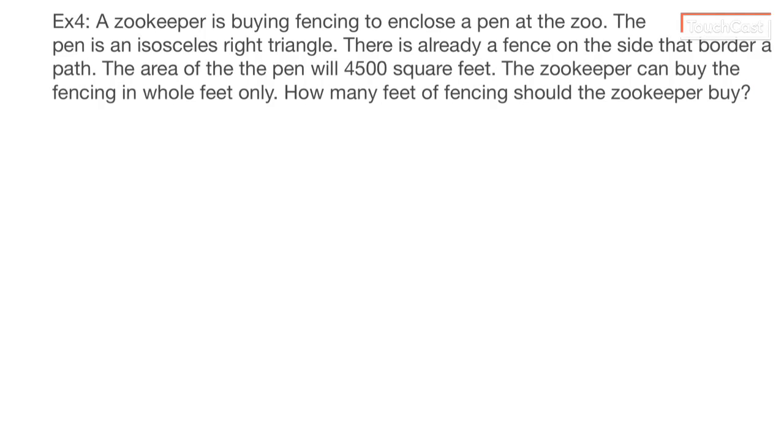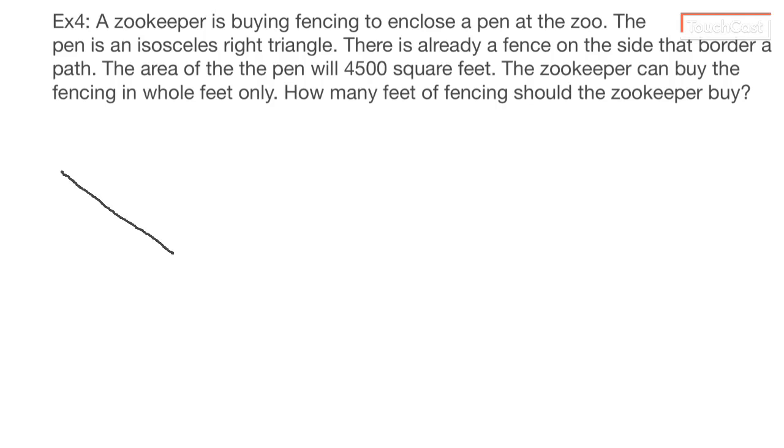First, I am going to draw myself a little picture of what's going on here. I know that there's already some fencing along a path, and that this fencing needs to make an isosceles right triangle.